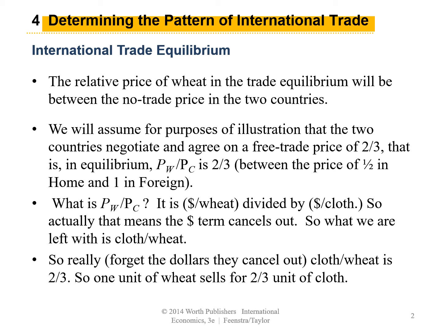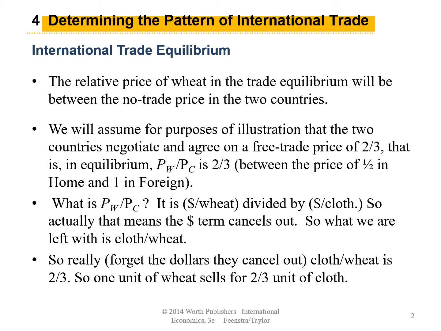So if we represent that slope by PW over PC, what does that actually mean in terms of exchanging one good for the other one? Well, PW is dollars over wheat, and PC is dollars over cloth. So if you put the dollars over wheat and divide it by dollars over cloth, what happens effectively is the dollar term cancels out, and what you're left with is units of the physical good cloth divided by units of the physical good wheat.